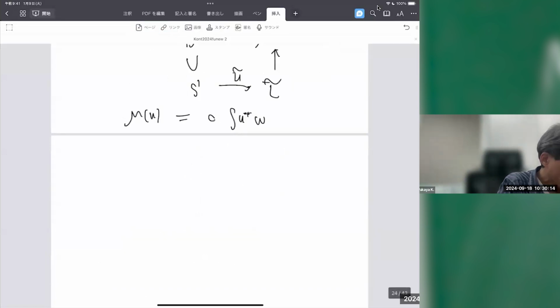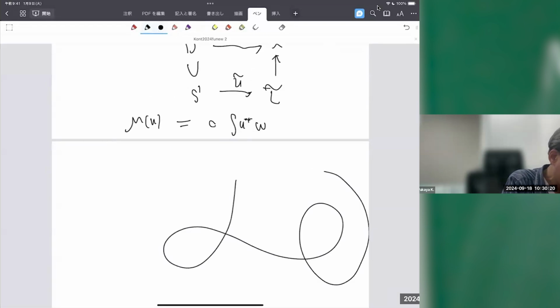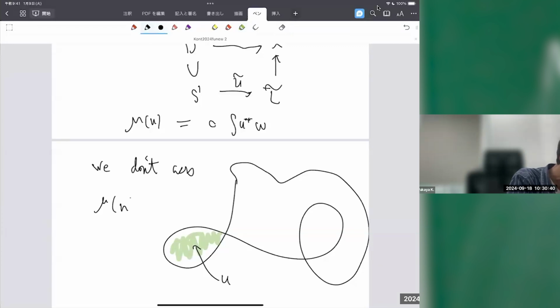So I want to explain a bit more. Suppose your L is something like this, and u is something like this. Your u may be something like this, but then we don't assume this kind of relation. And this is something called the Maslov index.